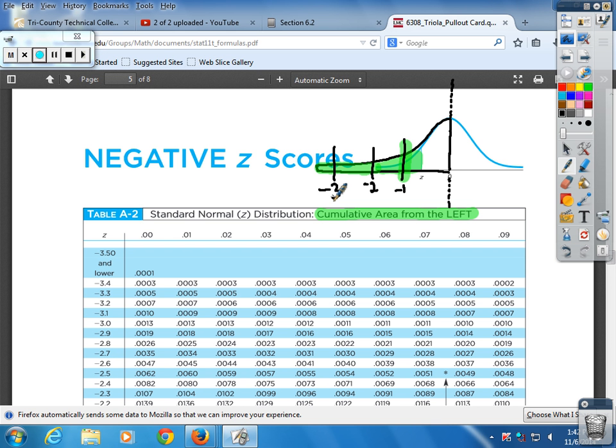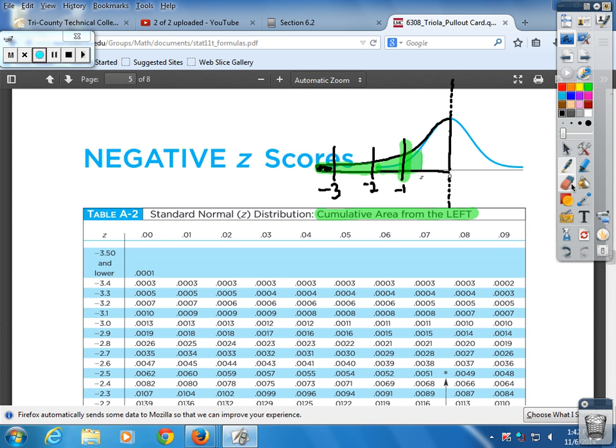So what kind of probability do I have right here? 0%. That's right, class. 0, 0, 0%. Are y'all following me? Okay, whatever. All right. Now, what if you're on the right side?